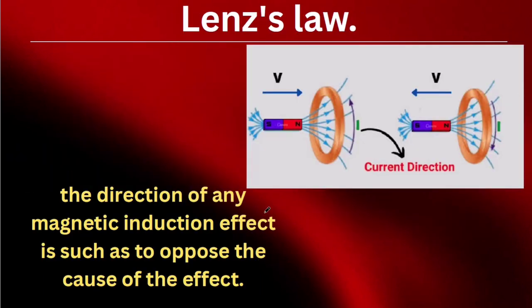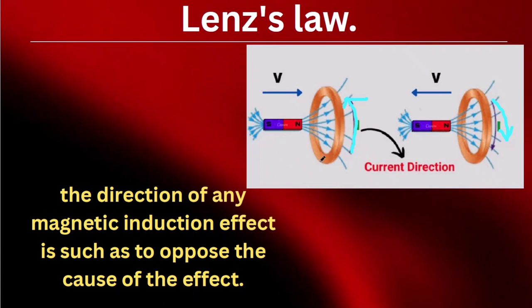Now come here, Lenz's law. What it says: this bar magnet is approaching this coil, and what is the direction of the current when it is approaching the coil? Its direction is this, and when it is moving away from the coil, its direction reverses, right? So the direction of any magnetic induction effect is such as to oppose the cause of the effect.